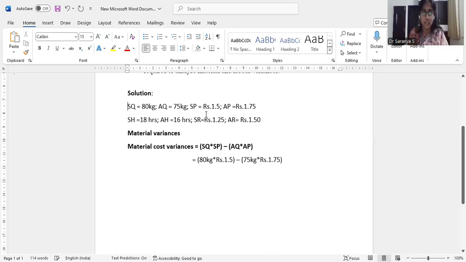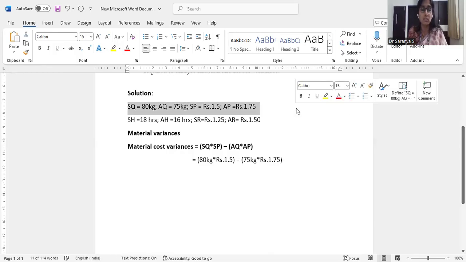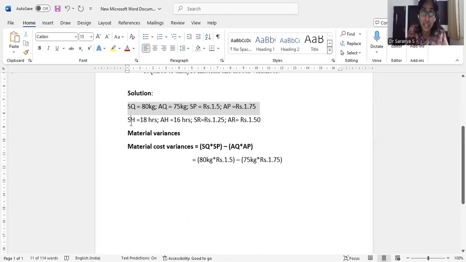Everything is given in the first line. So for the material variance, we want the first line data. Then the next data, SH, this we want for labor variance. So for material variance, we want only SQ, AQ, SP, AP.